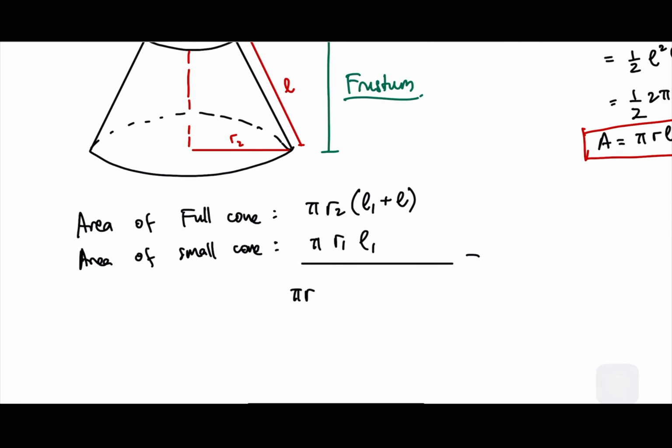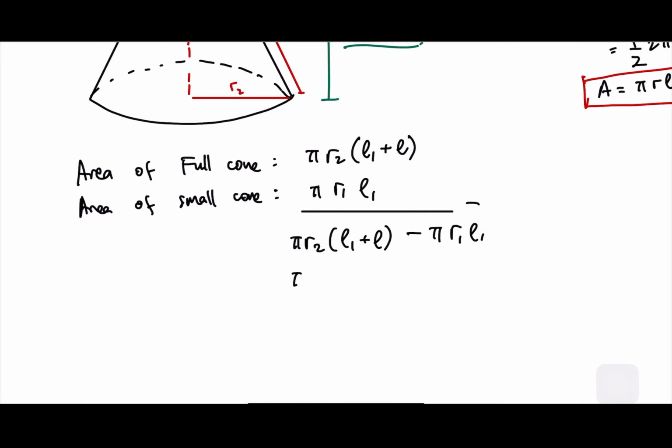So pi r2 (L1 plus L) minus pi r1 L1. Pi r2 L1 plus pi r2 L minus pi r1 L1.